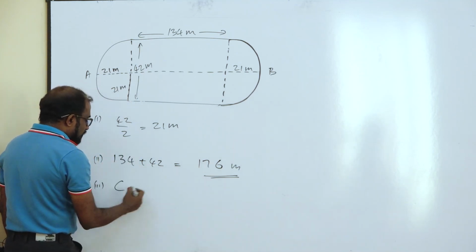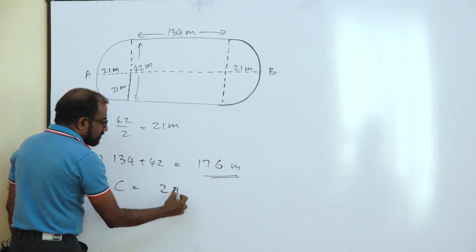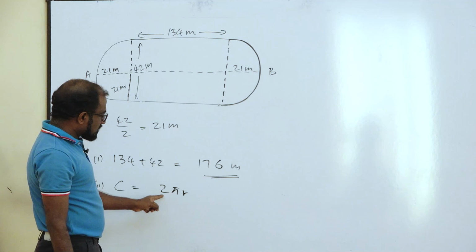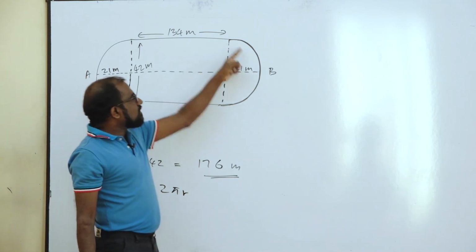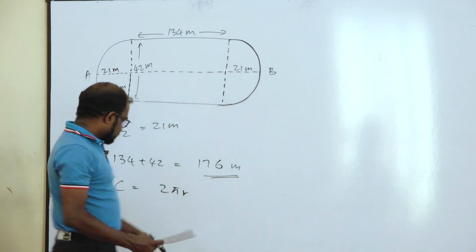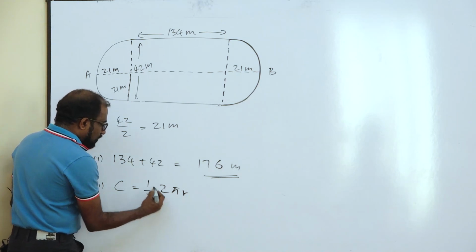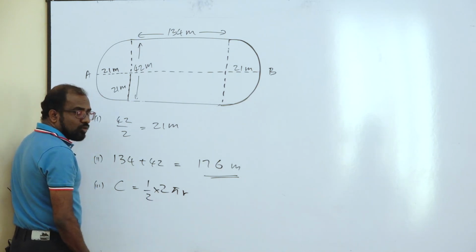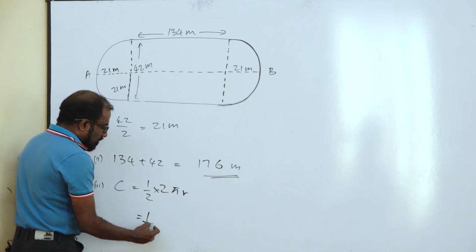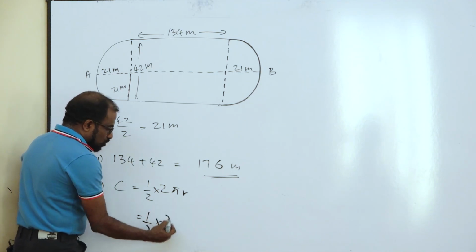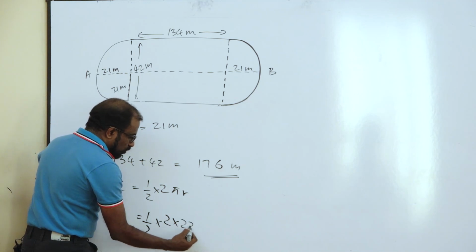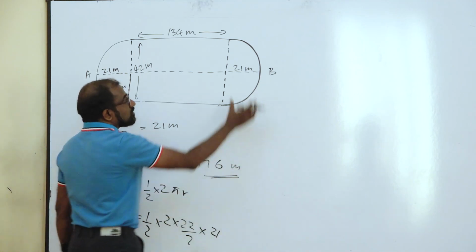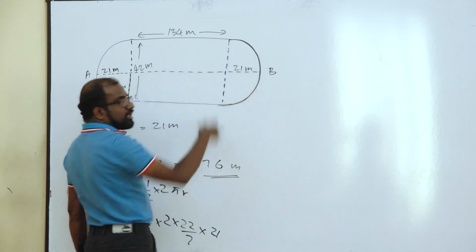The circumference of a circle is 2πr. So here we have half a circle. Now we have 1 over 2. Half a circle, multiply by 1 over 2, 1 over 2 into 2, π is 22 over 7. Radius is 21 meters.